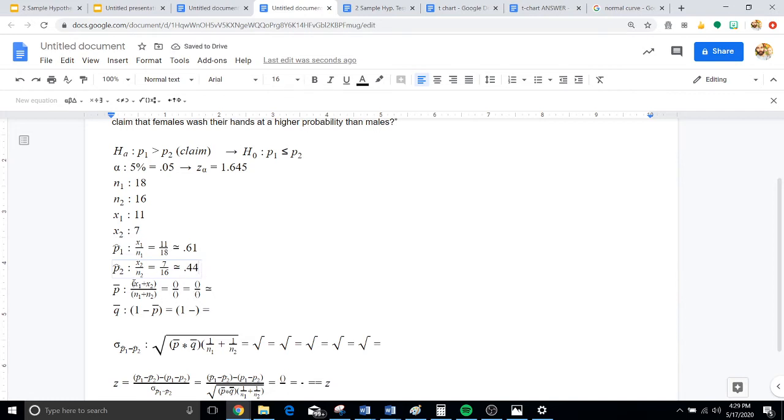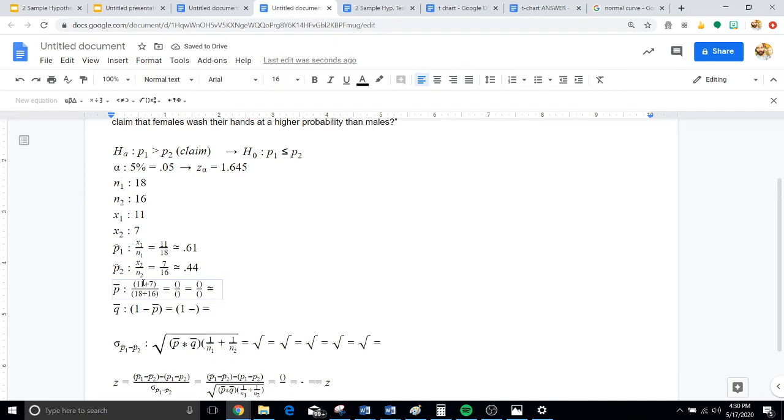Next up, we're going to take both successes and both observations for both groups, and we are going to say x1 will be 11, x2 will be 7, n1 will be 18, and n2 will be 16.